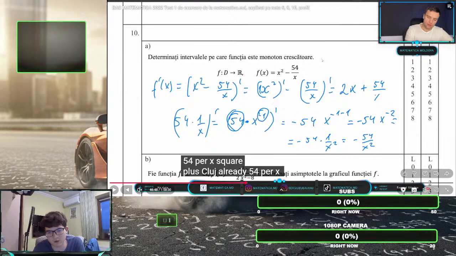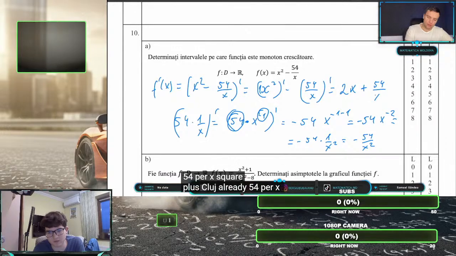So we put a minus 54 divided by x to the second power, and he still writes it down like that. Come on, man. 2x plus 54.